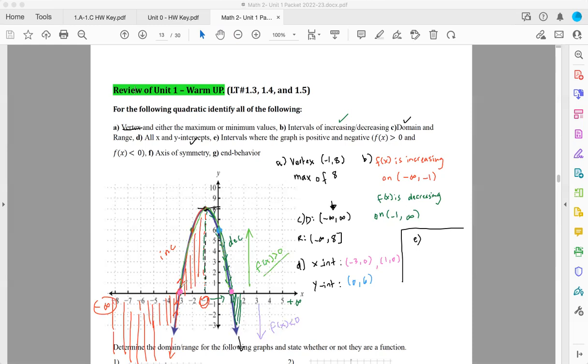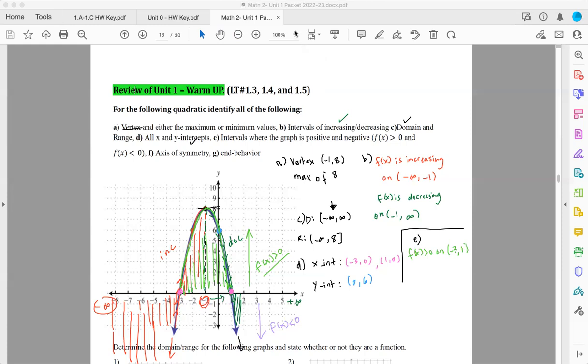So I want to say right after -3 and right before 1. This is the interval of the x values. So what are the x values for which the graph is above the x-axis? You're going to say from -3 to 1. You would say f of x is positive on (-3, 1).